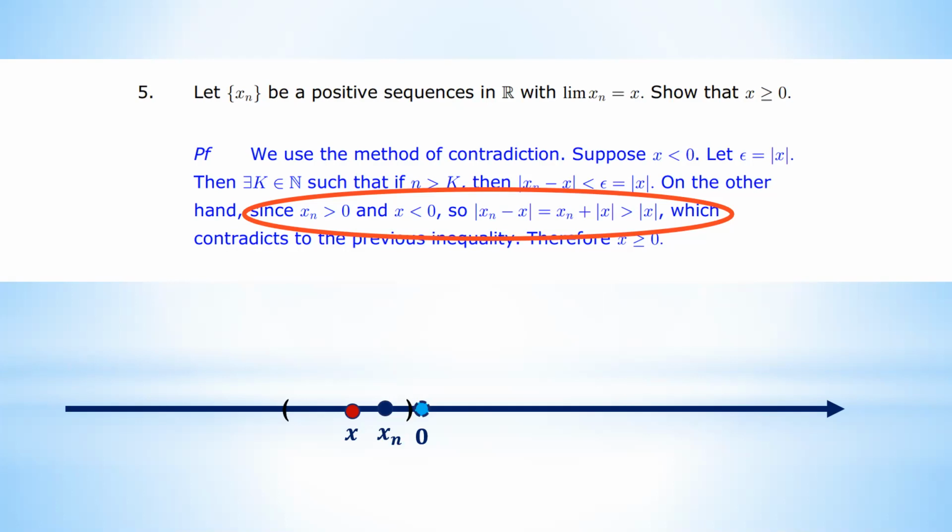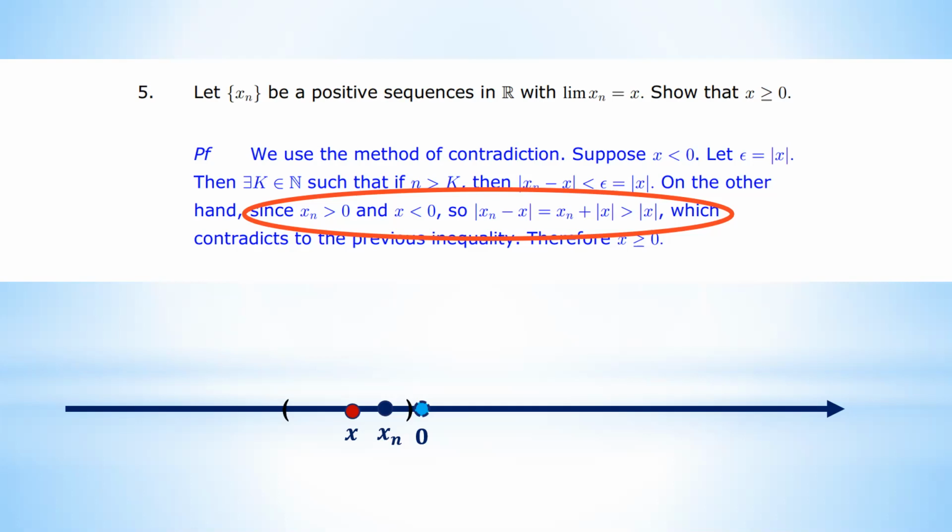On the last inequality, xn plus the absolute value of x is greater than the absolute value of x, because xn is positive. So the absolute value of xn minus x is greater than the absolute value of x.